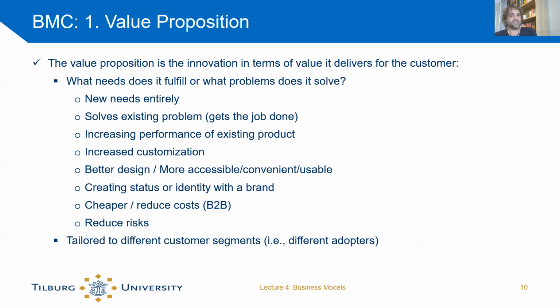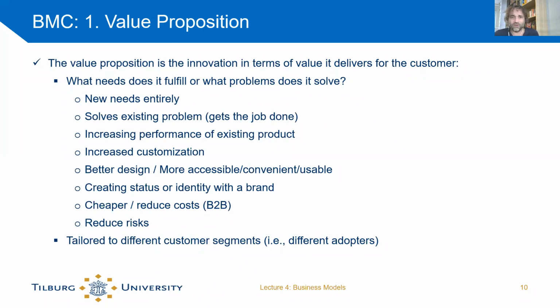So the value proposition is indeed the needs it fulfills, the problems it solves, together with, okay, who are actually my customers? Sort of tailored to different customer segments. Because again, if you look at the people who will adopt your innovation early on, the need that the innovation fulfills for them may be, for example, creating status or identity.